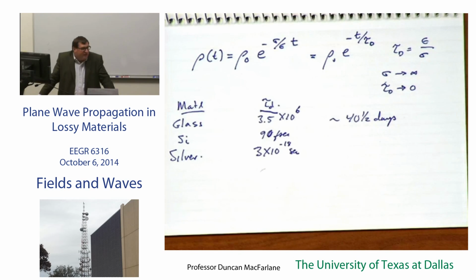Okay? So the moral of this is, as long as I have any kind of conductivity in my system, and I mean this in the literal sense of conductivity, that electrons can flow, then all my charge is going to pile up on the surface of my material. Okay? And if you remember our boundary conditions, where the change in the electric field and the change in the magnetic field mattered because of the charge or the moving charge on the surface, well, we now know that that's where all the charge is basically going to be.